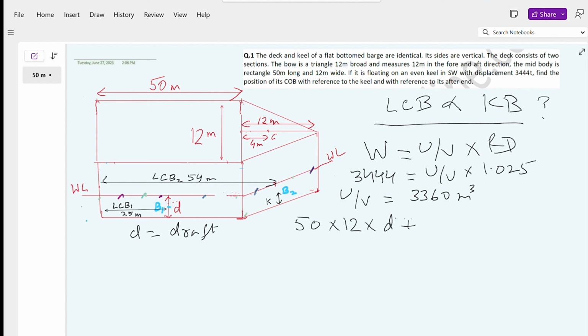So what is the formula for the area of a triangle? Half base, 12 meters is given, and the height of the triangle, which is this portion in the fore and aft direction, is also given as 12 meters in the question. So this is the area of the base into the length. So in this case, what will be the length? Length will be this draft.